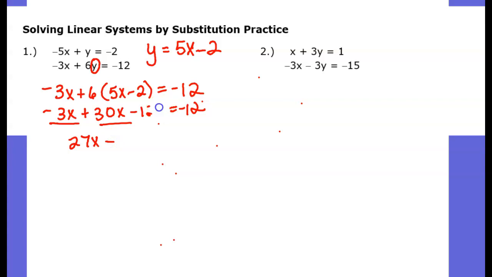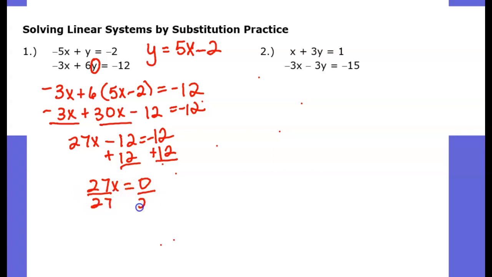Sorry, that's not minus 12x. It's just minus 12. Okay. All right. 27x minus 12 is equal to negative 12. All right. Now I'm going to add 12 to both sides. So my 27x is going to be equal to 0. When I divide by the 27, my x is going to be equal to 0.